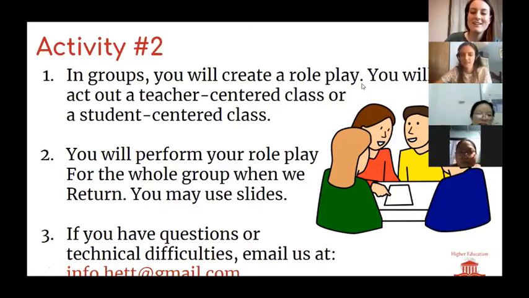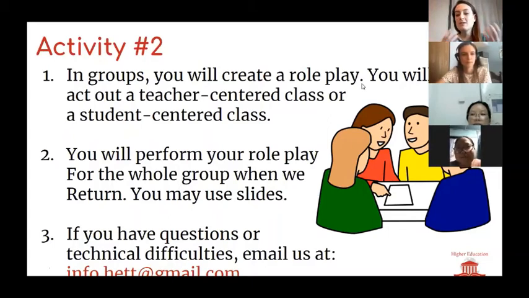Acting like a class in a classroom. Yes, so it's acting in a classroom. You're pretending to be an actor and you're coming up with a script.